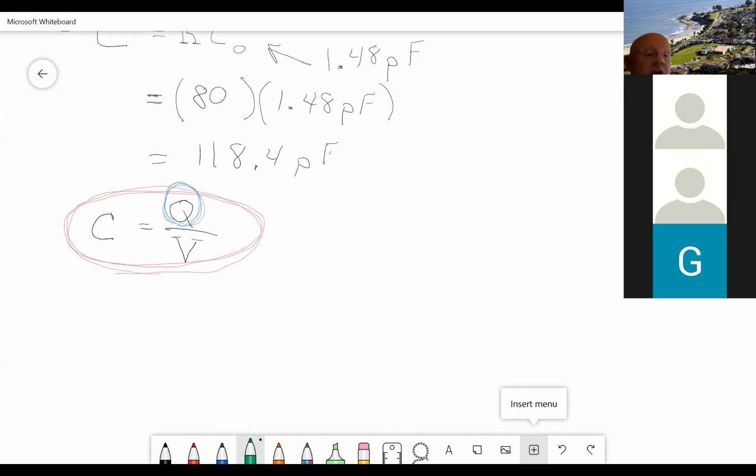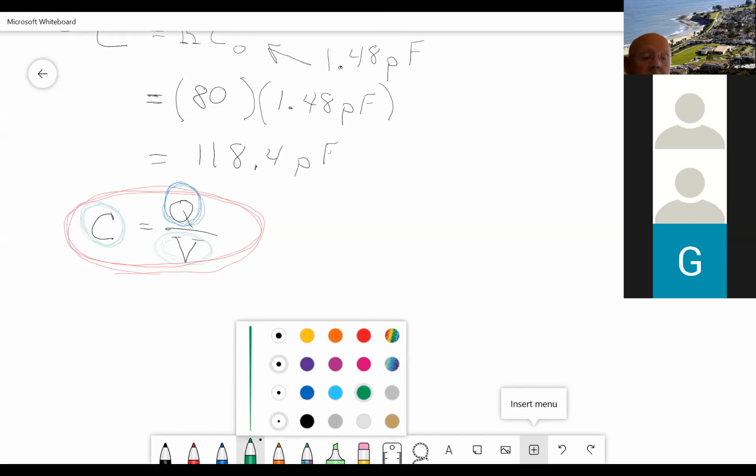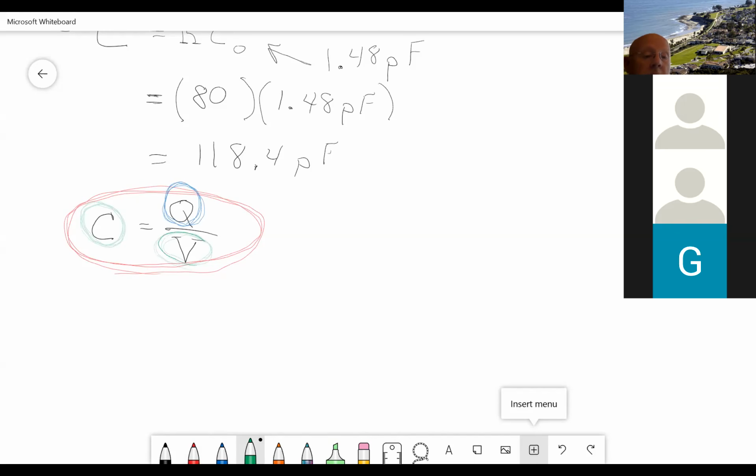So we just changed the capacitance by a factor of 80. So that means the voltage must change by a factor of, I think, 1 over 80. Isn't that true? Let's see if we can rewrite this. So here's the charge, which equals capacitance times the voltage.